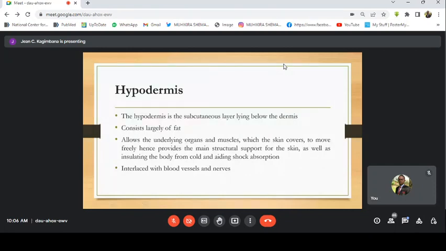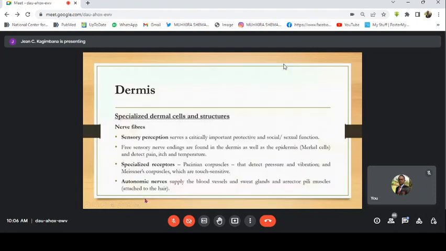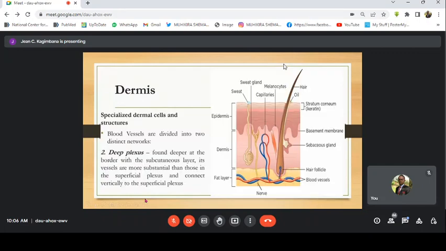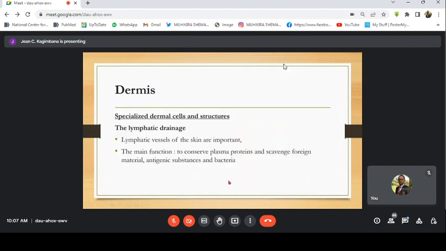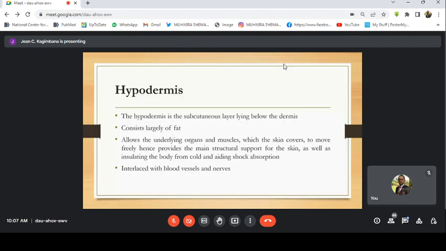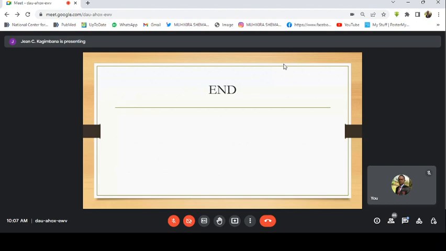Of course, you have seen it is as well vascularized. Now, the epidermis is not vascularized. The dermis and the hypodermis are vascularized. Okay?